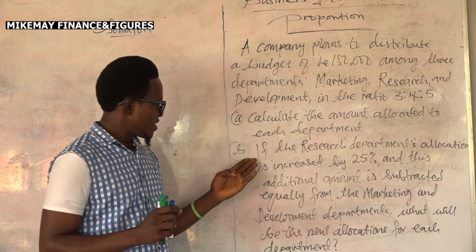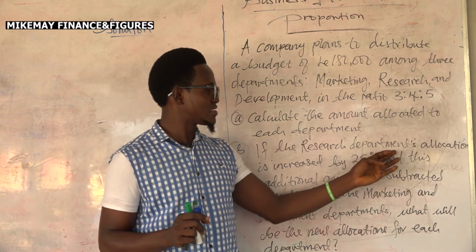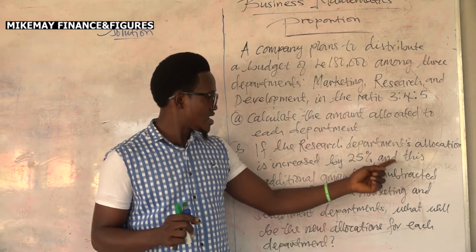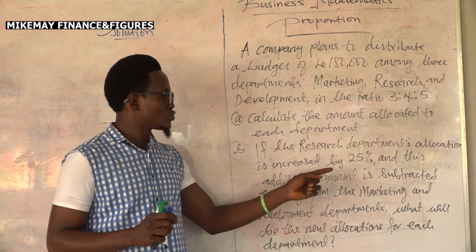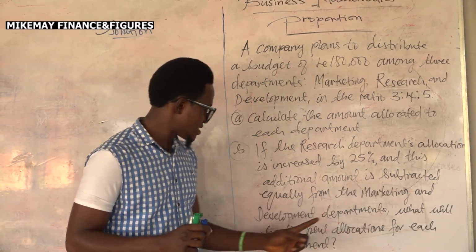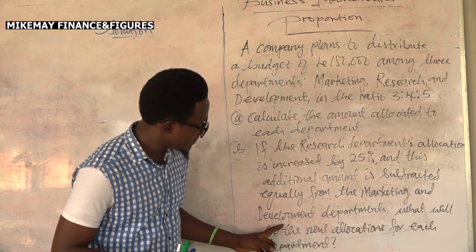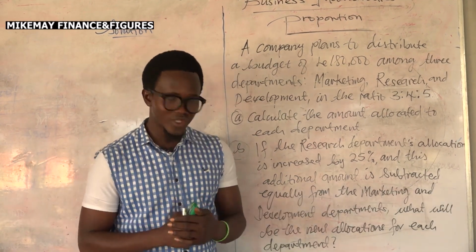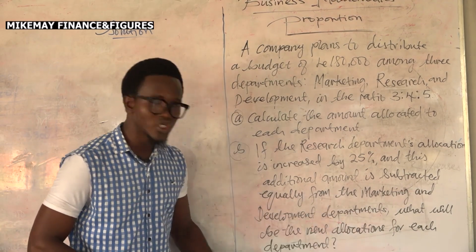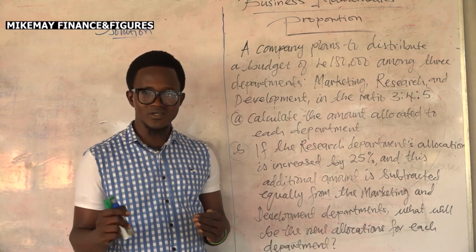Easy. B, if the research department's allocation is increased by 25%, and this additional amount is subtracted equally from the marketing and development department, what will be the new allocation for each department? It's easy, all right?